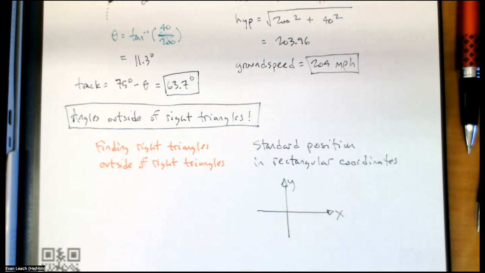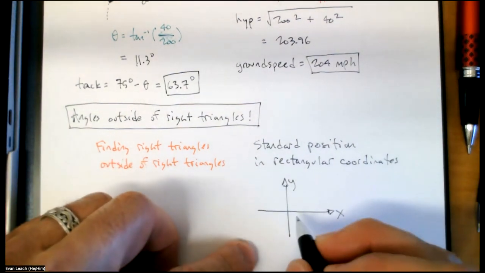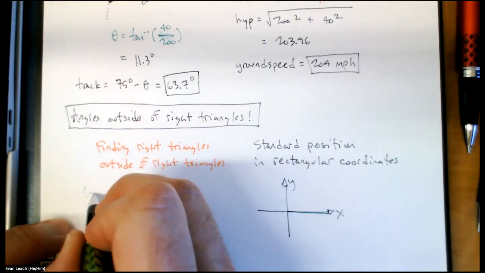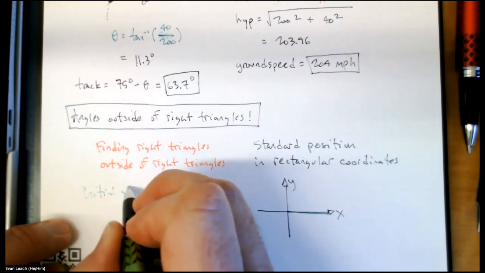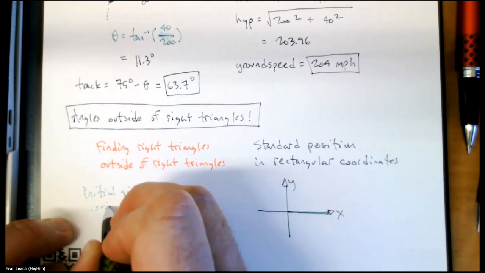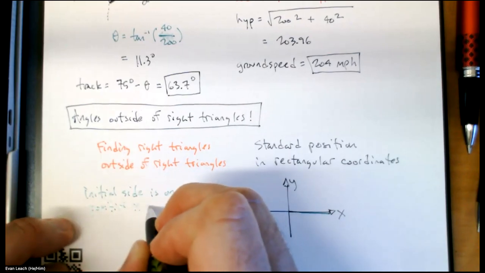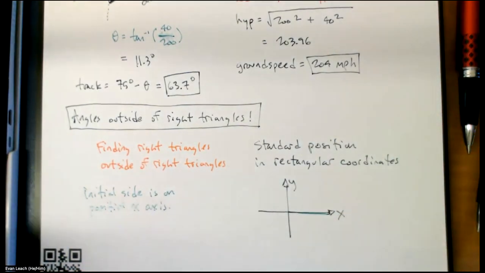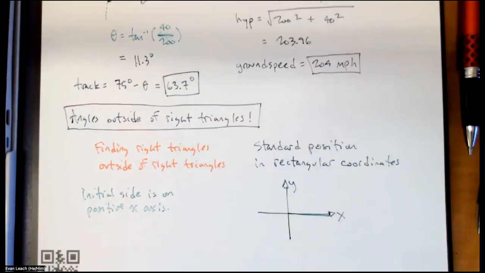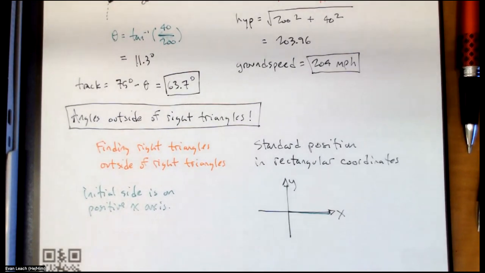In standard position, the initial side of the angle is always the positive x-axis. So here's the initial side. The initial side of the angle is on the positive x-axis. And counterclockwise will be positive angles.